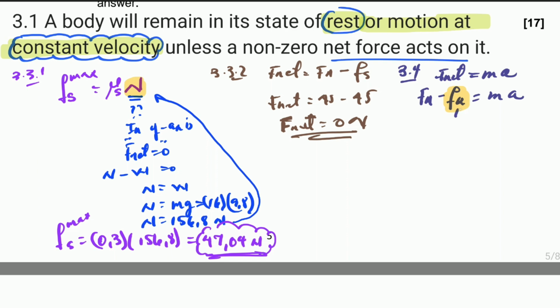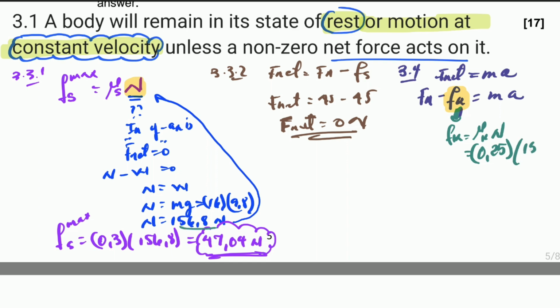So this frictional force will be equal to the kinetic coefficient of friction multiplied by normal. Kinetic coefficient of friction is 0,25, and the normal was already calculated, so I'm not going to recalculate it.